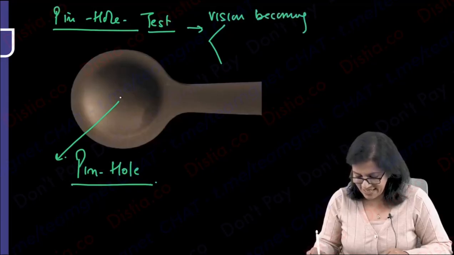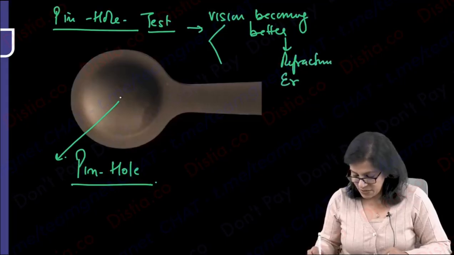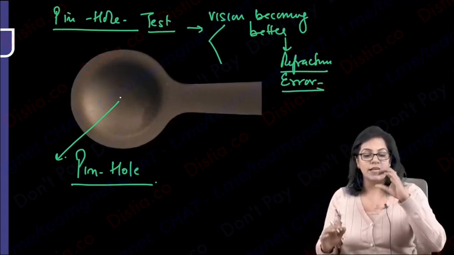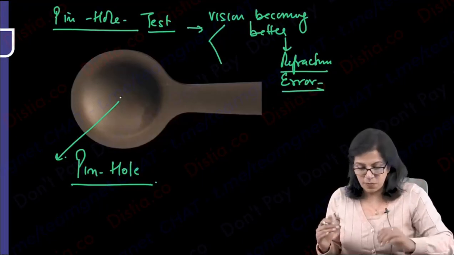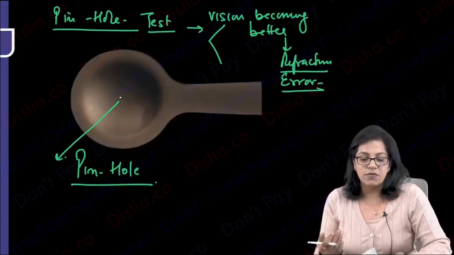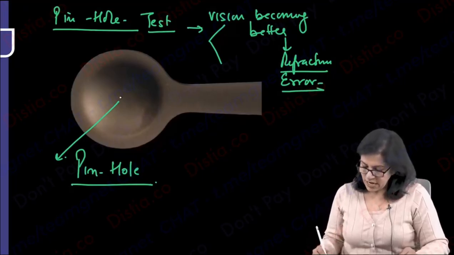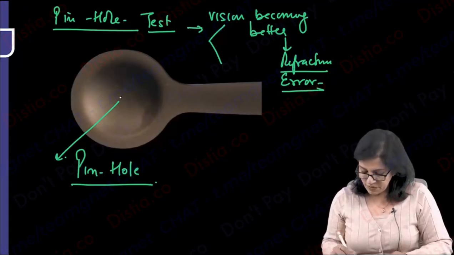I hope you're writing. If the vision is becoming better, that means he has some refractive error which needs to be treated. Because when you are cutting the peripheral light rays, the depth of focus becomes better, right? So please understand that any pinhole test mainly involves seeing whether the vision is becoming better or worse.